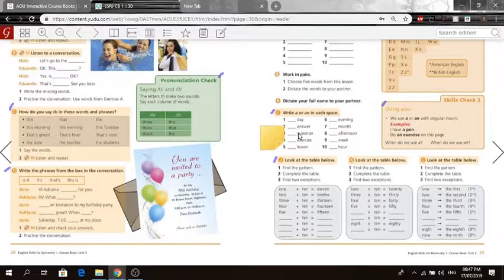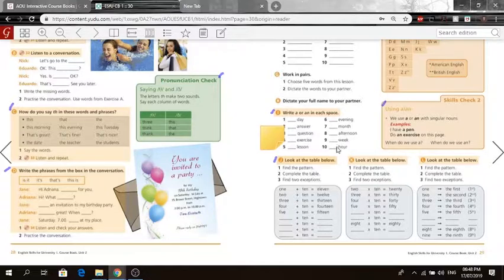A question because Q is not a vowel. Exercise, E is a vowel, so an exercise. Lesson, L is not a vowel, so a lesson. Evening, E is a vowel, so an evening. Month, a month. Afternoon, an afternoon. Week, a week, because not a vowel.